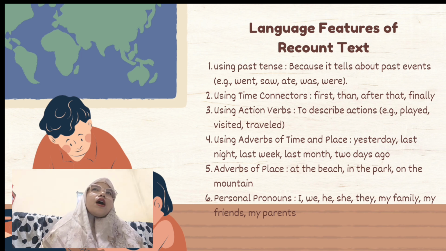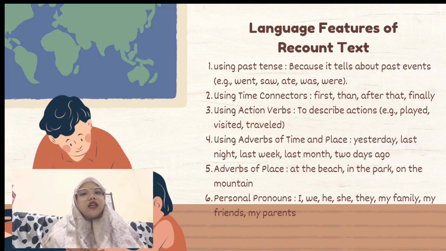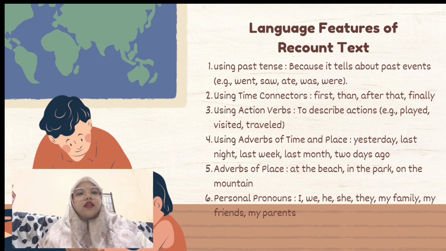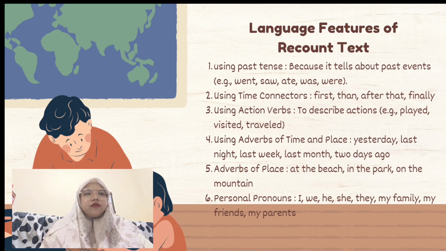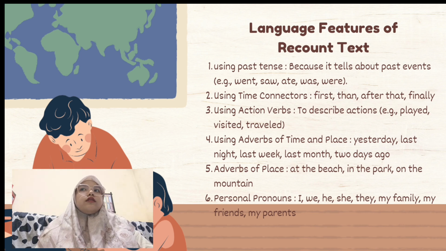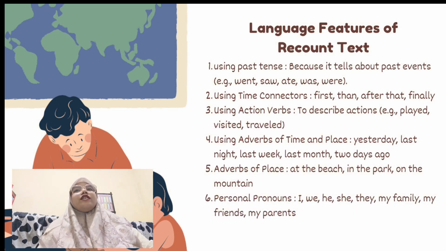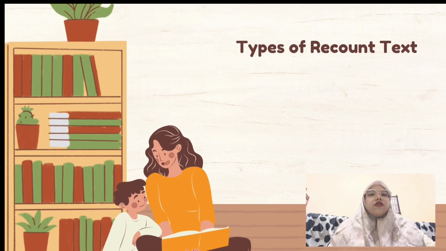Of course, like I, we, he, she, they, our, my friends, my family, my parents, and so on. So those are the language features of recount text. Do you get what I mean? Are you sure? Okay.